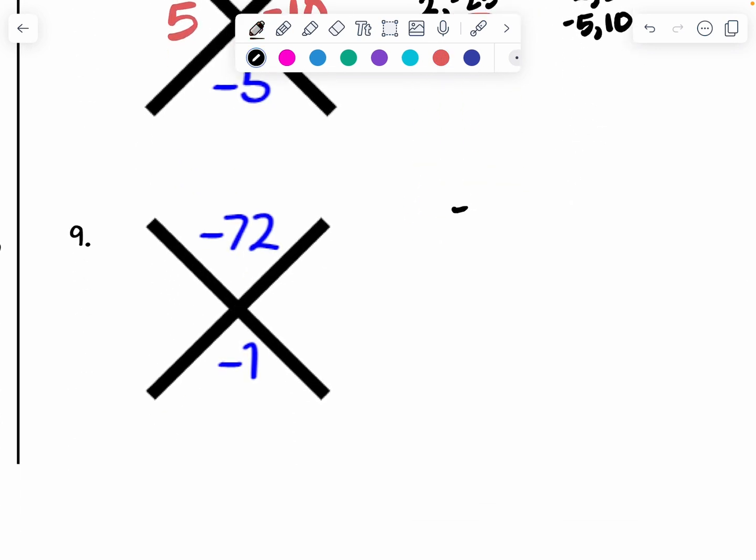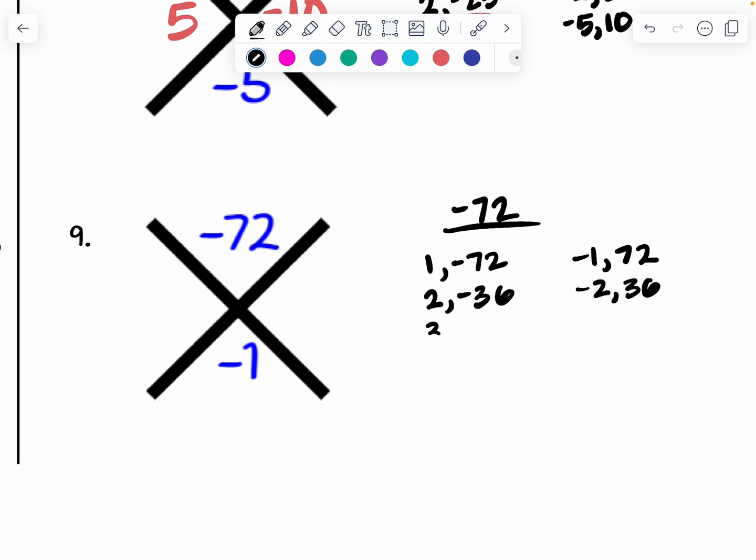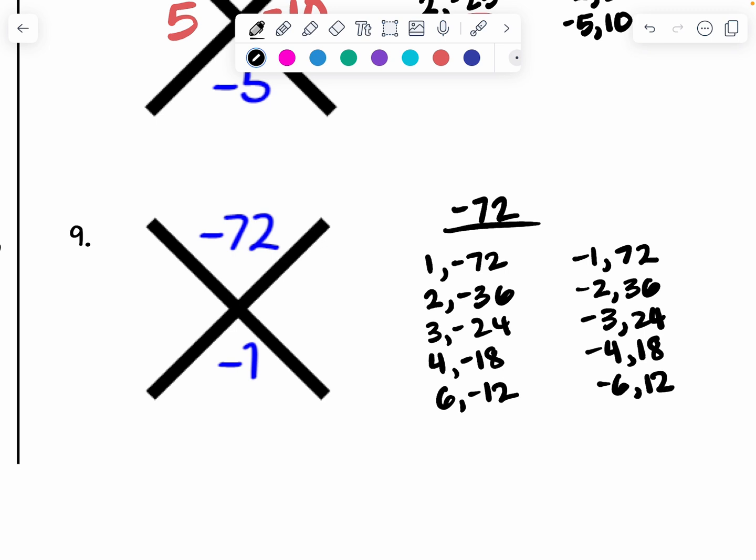Number 9. So we have negative 72, 1 and negative 72, negative 1 and 72, 2 and negative 36 and negative 2 and 36, 3 and negative 24, negative 3 and positive 24, 4 and 18, 5 is not a factor of 72. 6 and 12, so 6 and negative 12, negative 6, positive 12. 7 is not a factor, and then we have 8 and 9, so 8 and negative 9 and negative 8, positive 9.